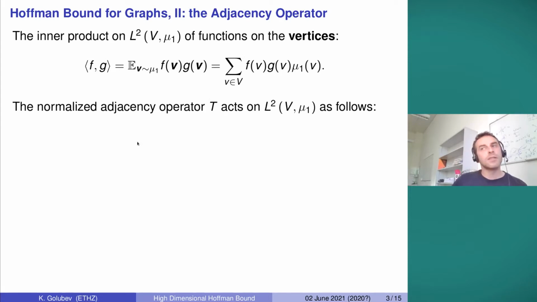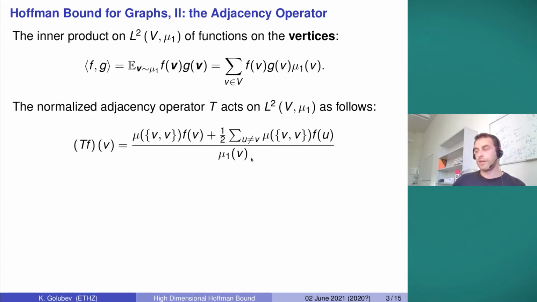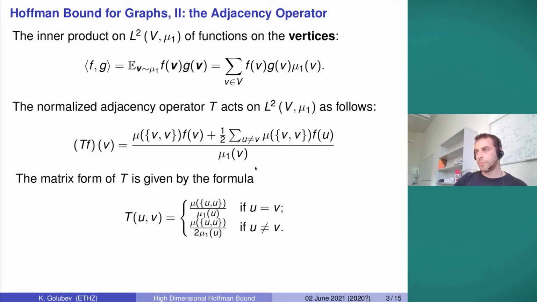And the normalized adjacency operator on this space would be this scary thing, which is basically it. For each function we sum the values over the neighbors of each vertex, weighted by the measure. If you're used to thinking about adjacency operators in terms of matrices, then the matrix for this operator, which is indexed by the vertices, has this thing at the place uv.